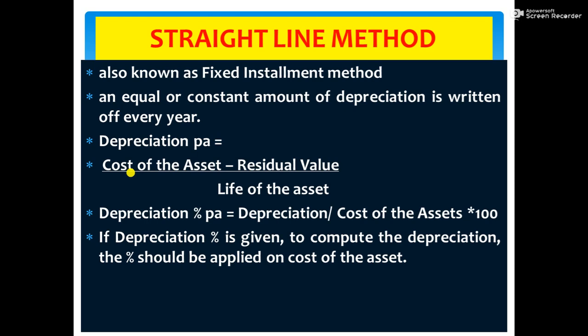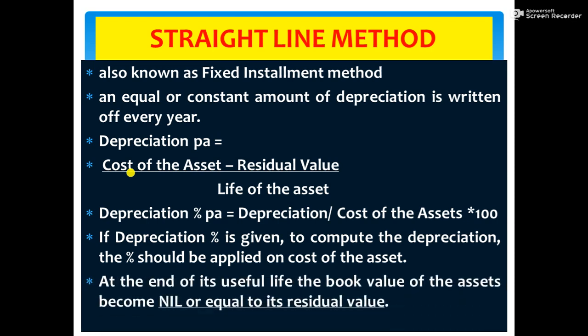Under the straight line method, what will be the book value of the asset at the end of the useful life? At the end of the useful life, the book value of the asset will be equal to the residual value of the asset. Why?